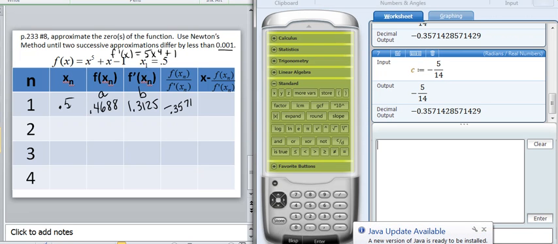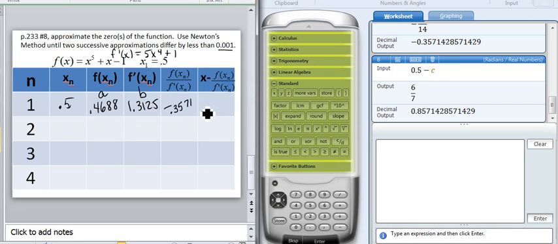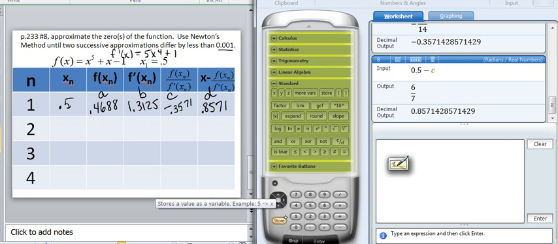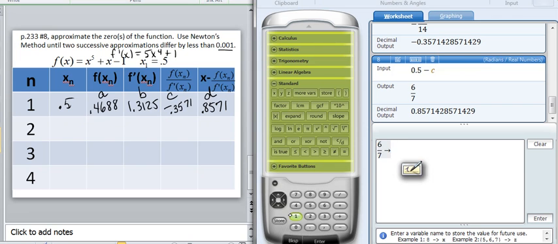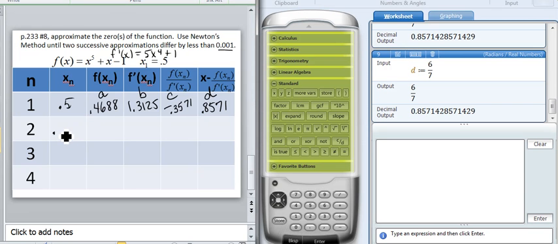So what I'm going to do now is take my x value 0.5 minus my C, and that gives me the value of 0.8571. I am going to store this as D. So store this as D. And I'll bring that decimal down here. And this is ready to start my second iteration.